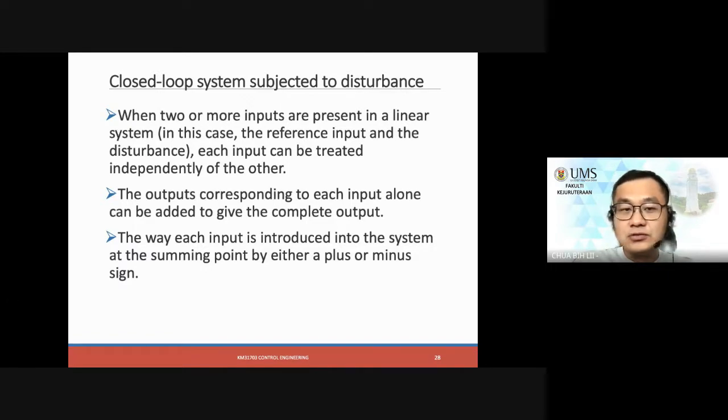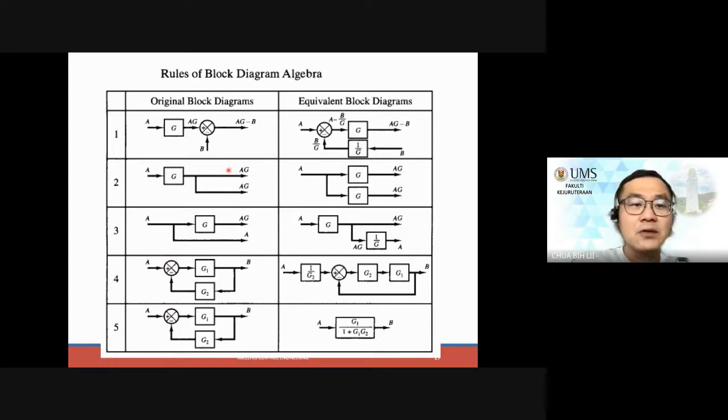Today we will just quickly go through the last part of this chapter 2 on the block diagrams. What we have gone through previously is how we simplify our block diagrams by shifting the blocks from one side to another side of the summing junctions or the take off points, as well as identifying whether it is a closed loop formation.